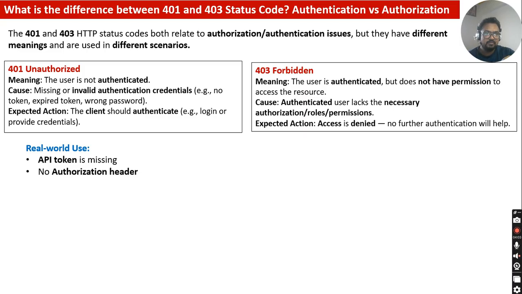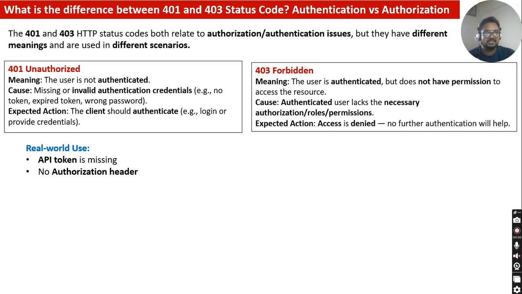At that time, it is forbidden. You are authenticated to go into the company, but you are not authorized to access specific things in the company. In this case, the user is authenticated but does not have permission to access the resource. That is called 403 Forbidden.